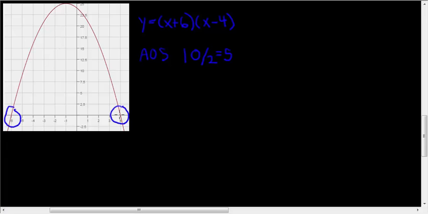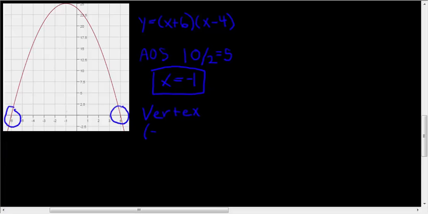So we can do our axis of symmetry by finding the distance between them. It's 10. Divided by 2 is 5, so we need to go back 5 units. So we would be at x equals negative 1 for our axis of symmetry. So our vertex now, we just plug in negative 1 into the equation.